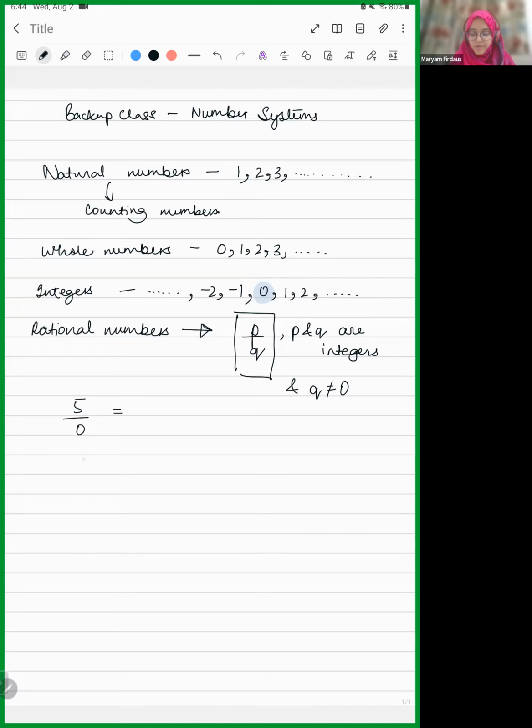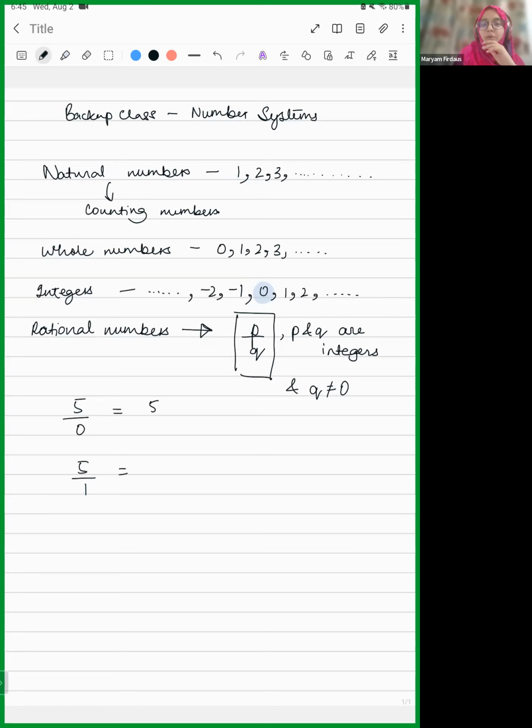Okay. 5 by 1 is equal to what? That's a fraction, but this is equal to what? What is 5 by 1?